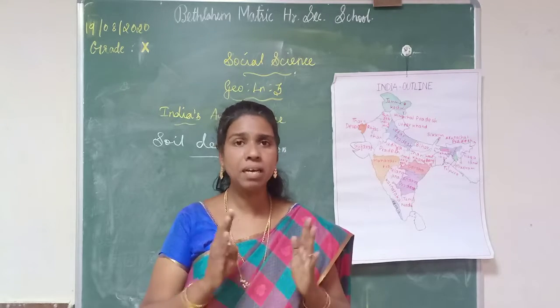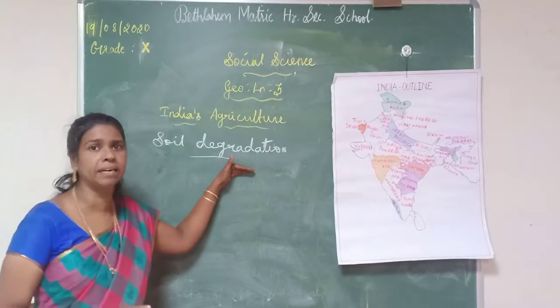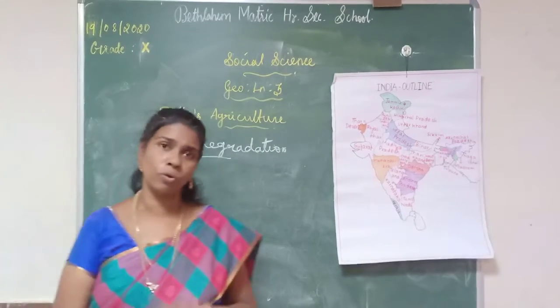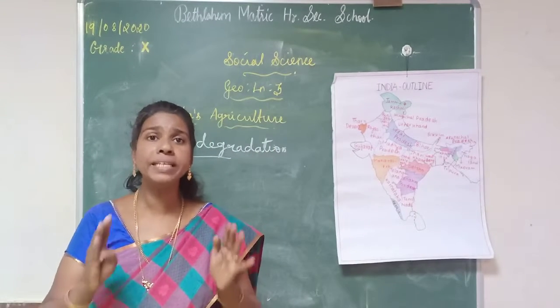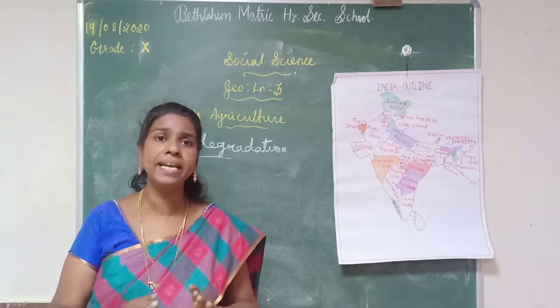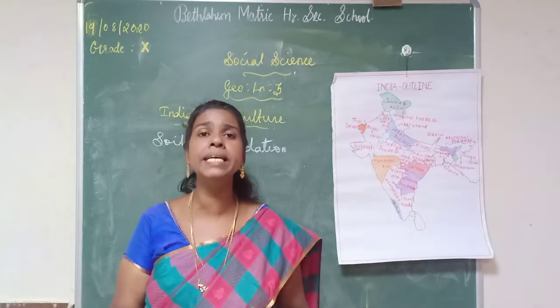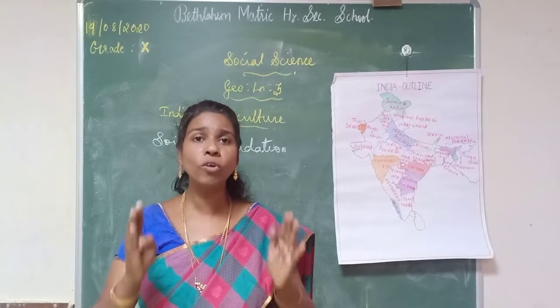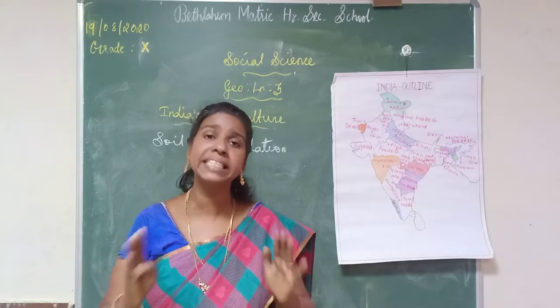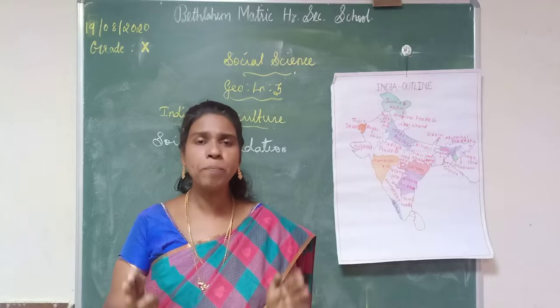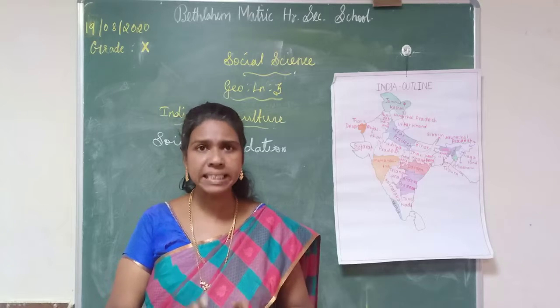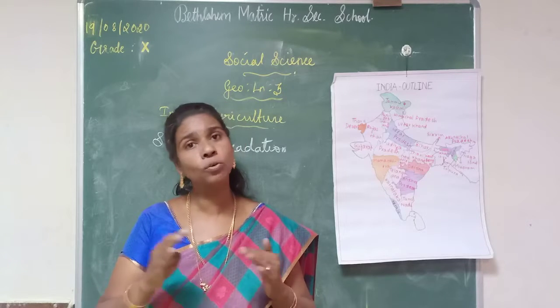Because of this soil degradation, a few crops may not grow. The soil found in this particular area may be degraded and it loses its chemical property, its fertility, organic matter, water content, etc. So that particular soil does not support the crops to grow.